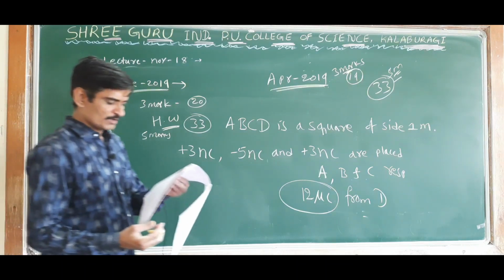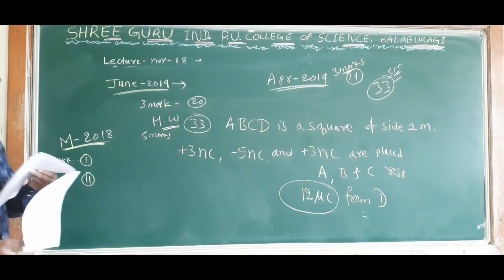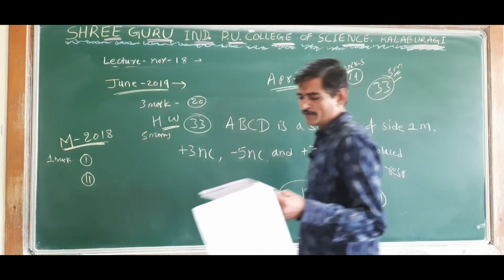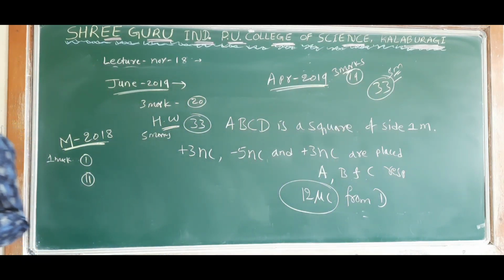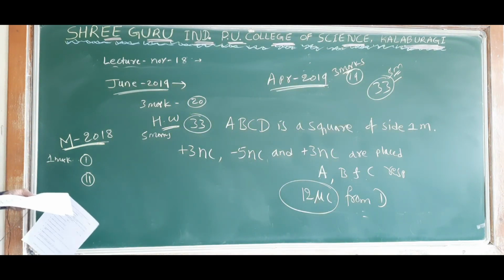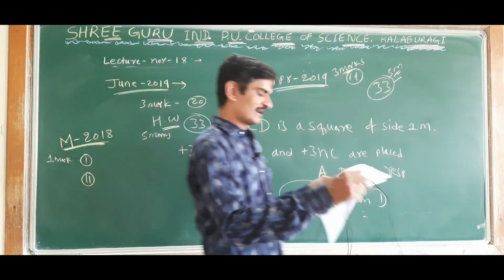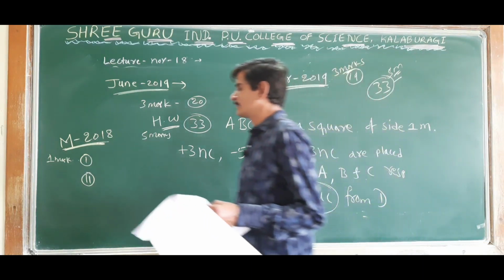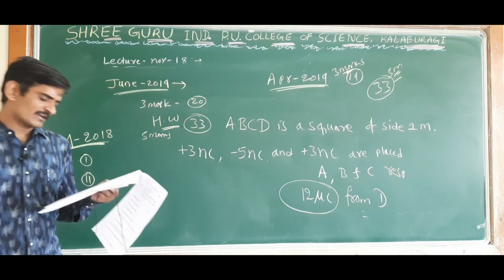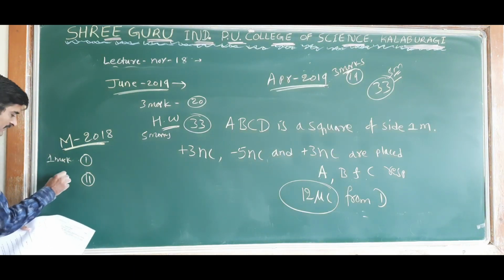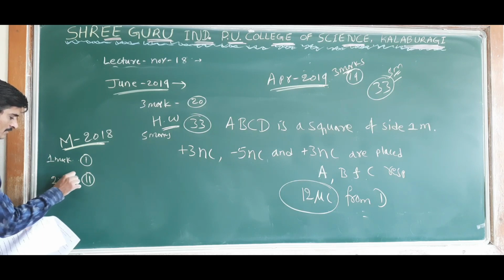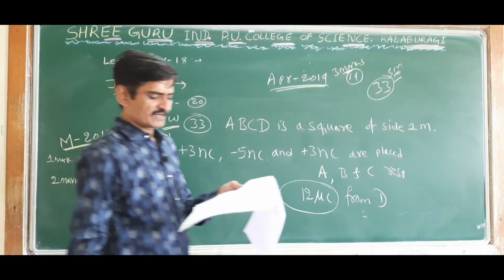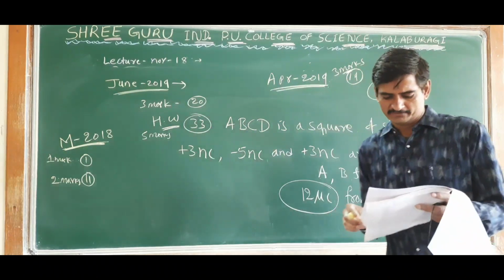Mention any two factors on which the capacitance of a parallel plate capacitor depends. This is for 2 marks.